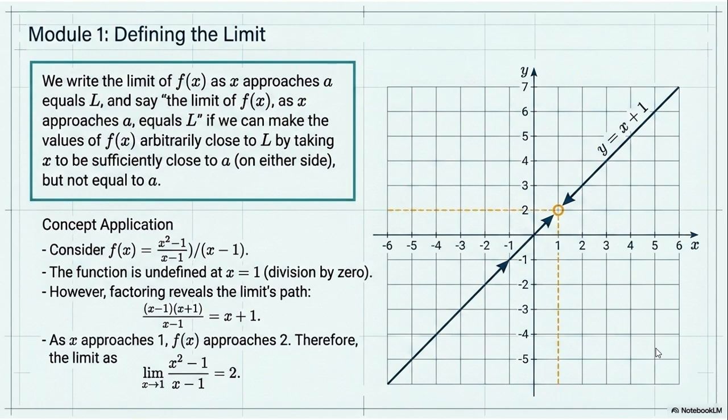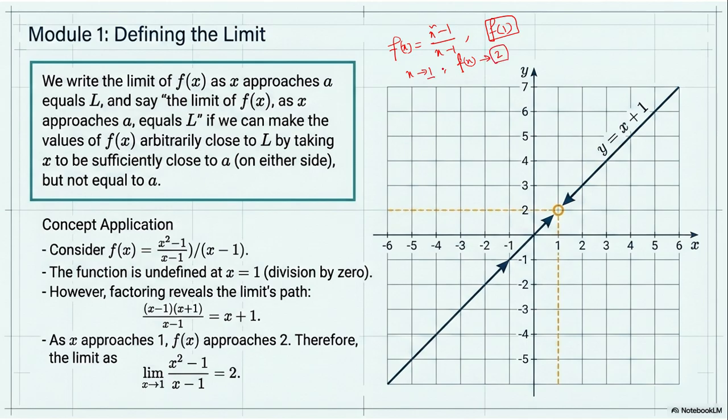As we discussed, for the function f of x equals x squared minus 1 by x minus 1, we have the limiting value of f at 1. That means as x tends to 1, the limiting value of f of x is 2.